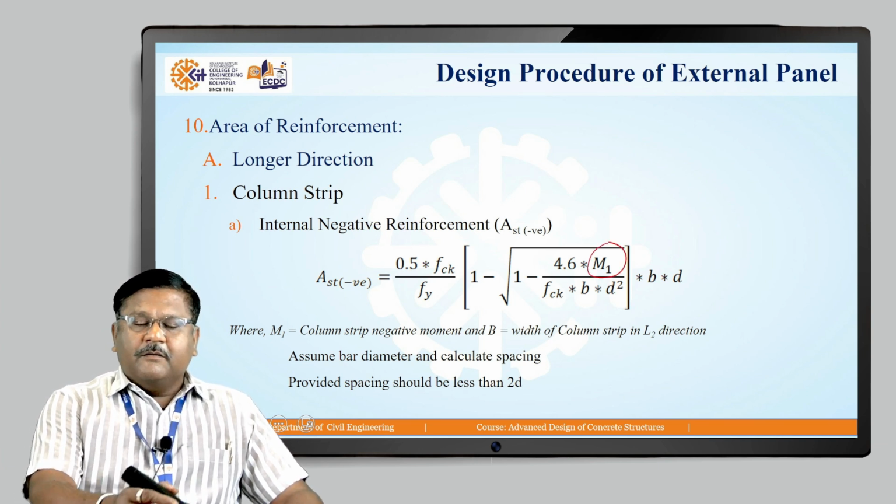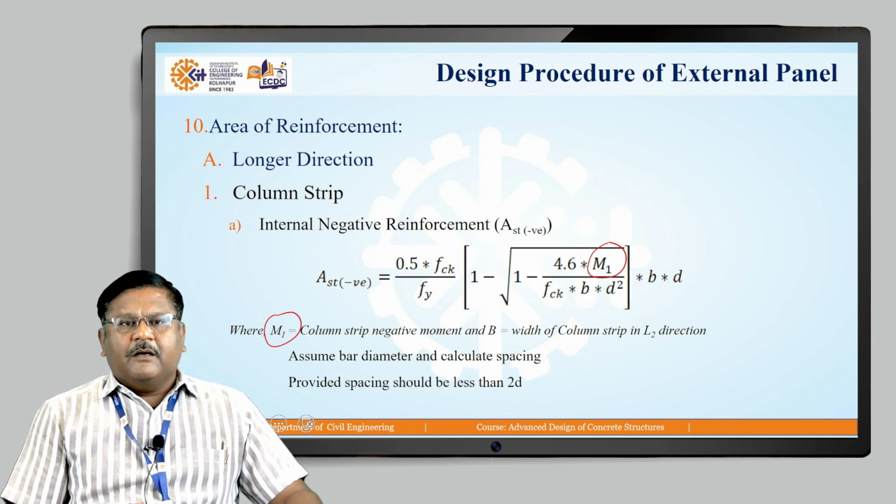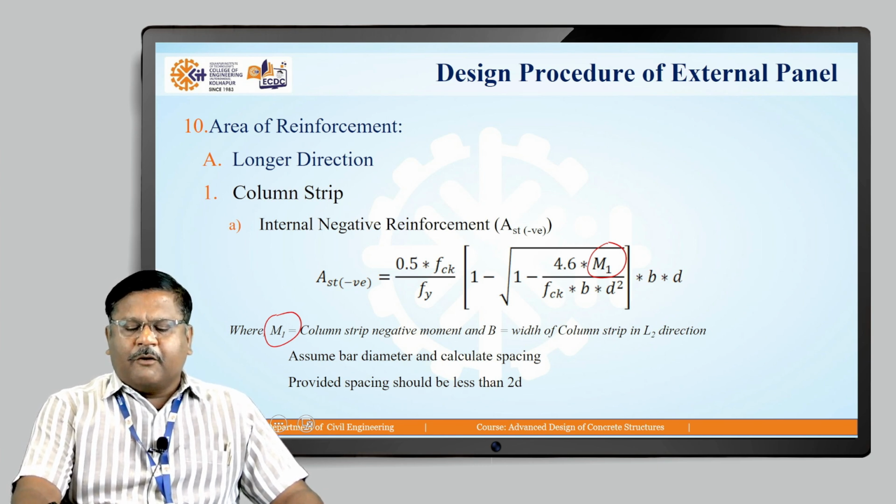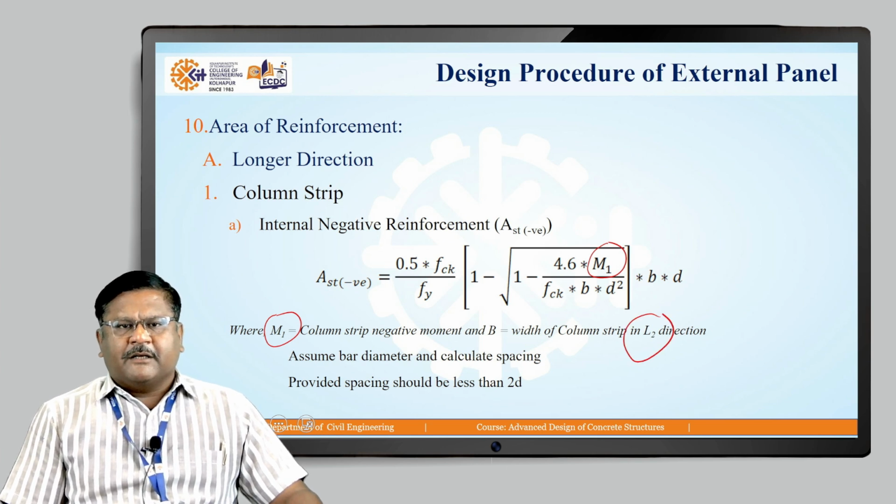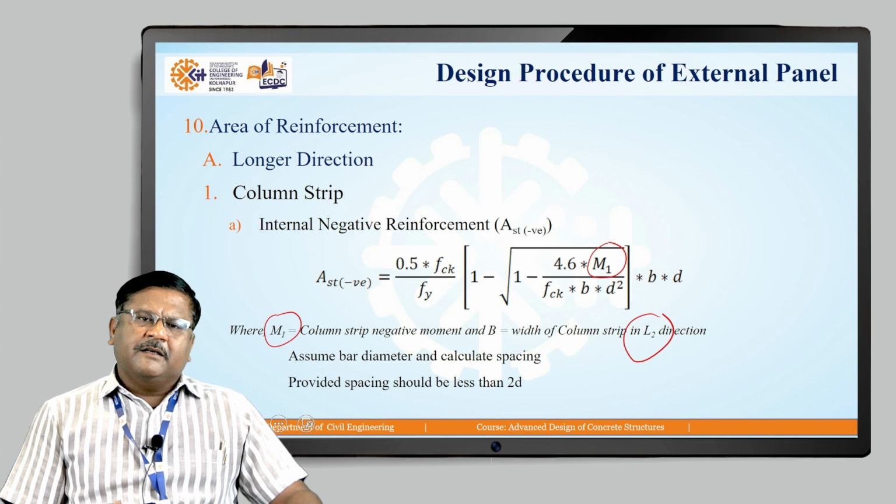Assume the bar diameter and calculate the spacing. Provided spacing should be less than 2D.